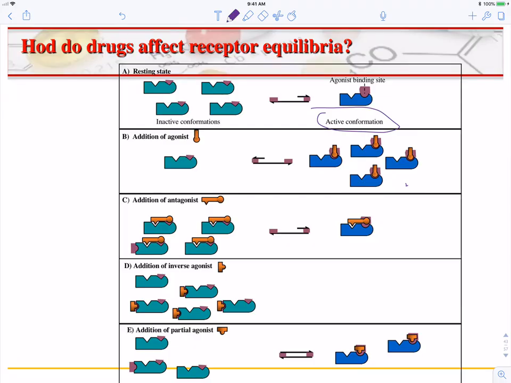Inverse agonists prevent binding of the natural ligand, and so basically stop the natural activity of the resting state of the receptor. And on the other hand, partial agonists activate the receptor and stabilize the active conformation, but they don't switch the equilibrium to the right by as much as an agonist.